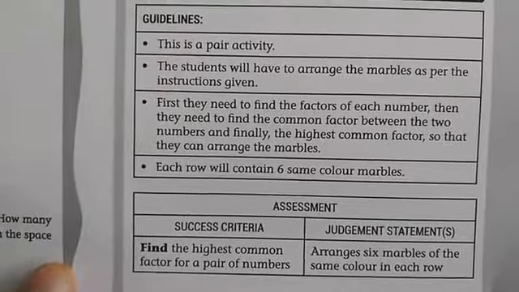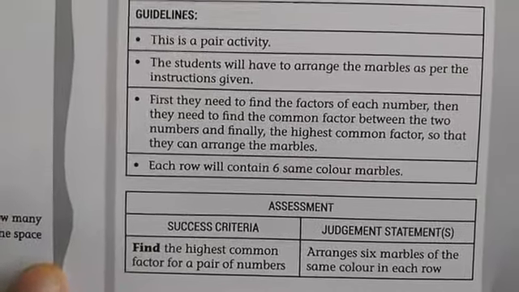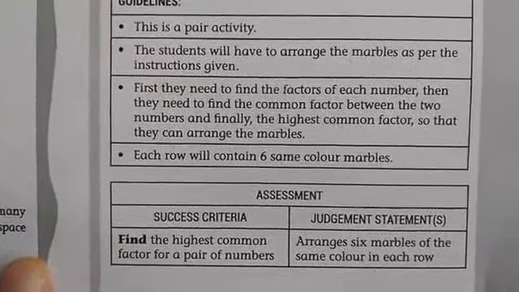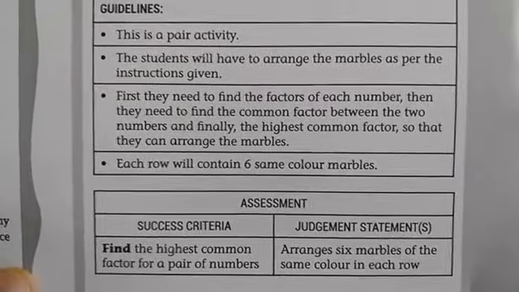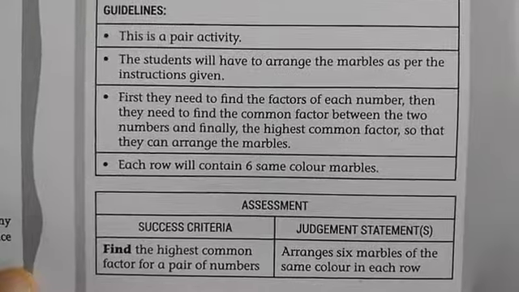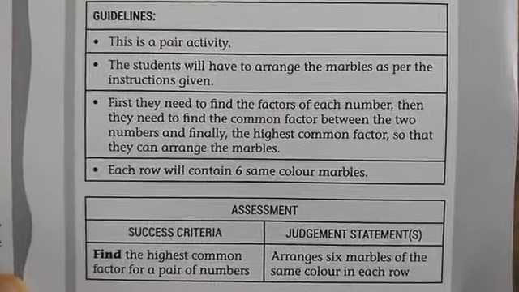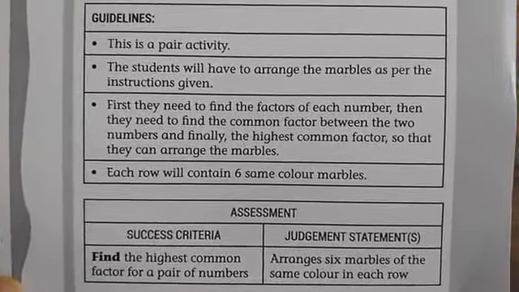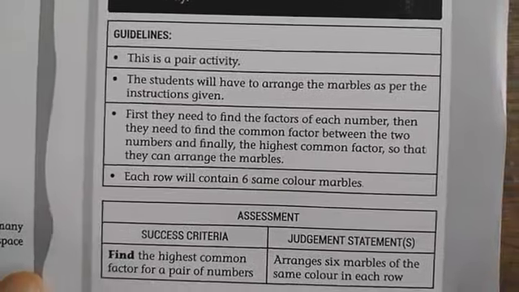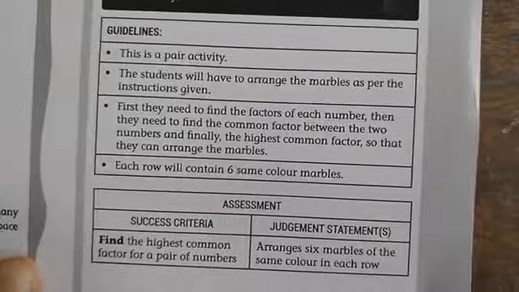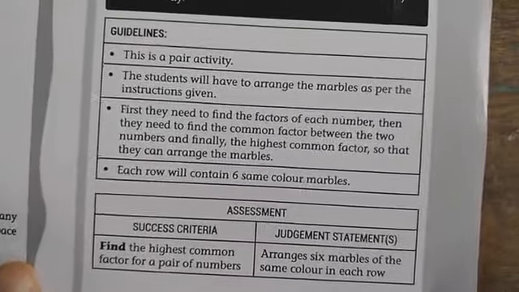First, they need to find the factors of each number. They need to find the common factors between the numbers, and finally the highest common factor, so that they can arrange the marbles. Okay, so the highest common factor we have to find.